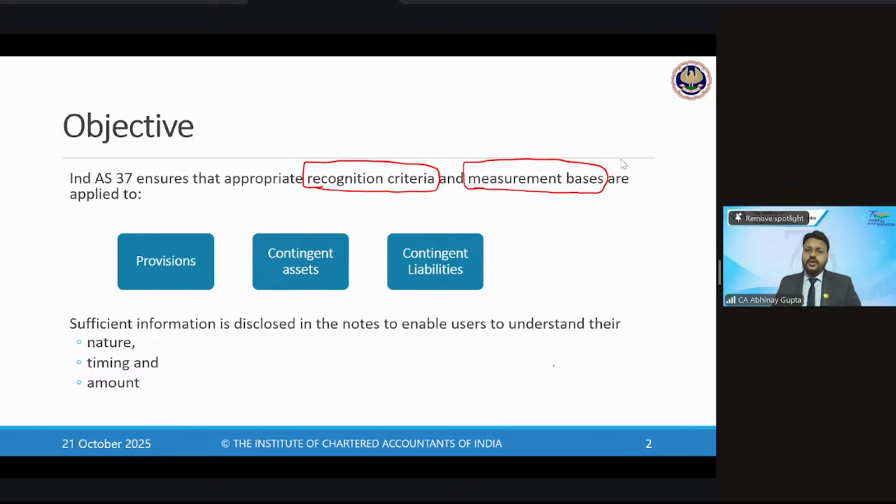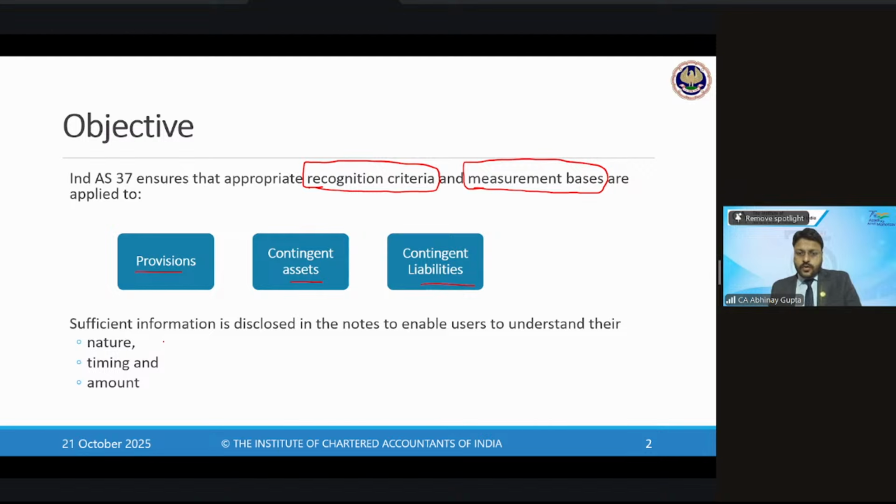So how and when these items will be recognized if there is a need, and how they will be measured, right? So these are the two objectives the standard has brought to us. And it deals with only three items, as I previously mentioned: provisions, contingent assets, and contingent liabilities, correct? Now, there are certain disclosures as well, which the standard requires around these three items, right?